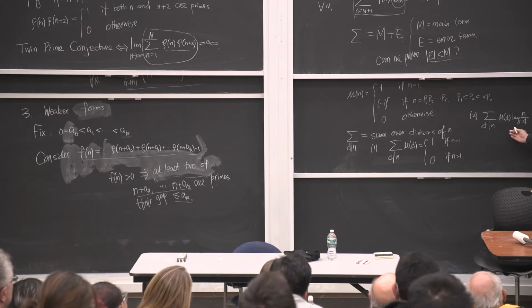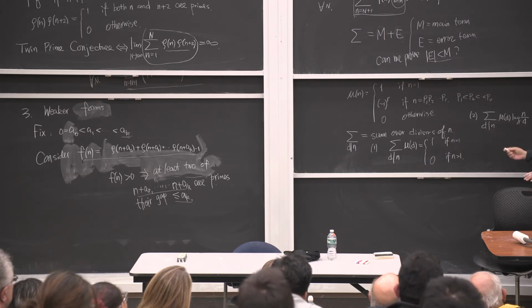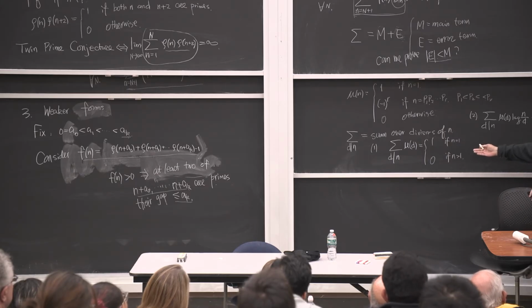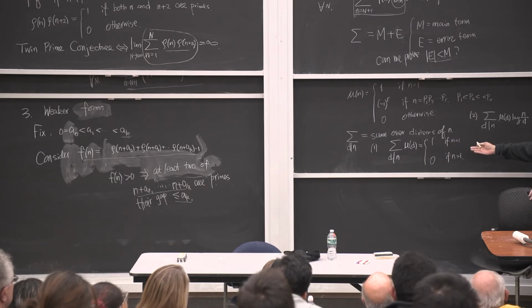So this one just says the sum over the divisors of n. Let me say, these things numerically, if you don't believe, you may try some value.